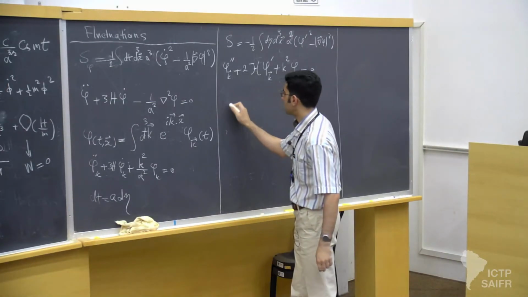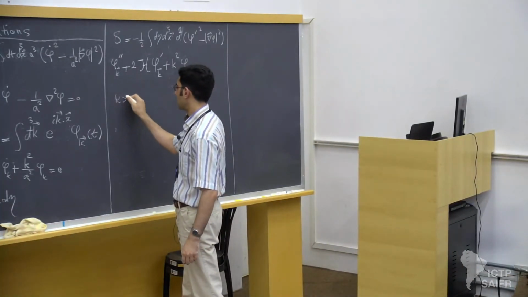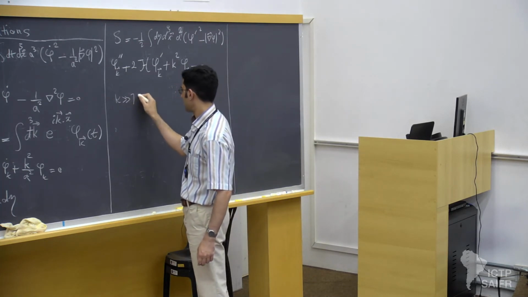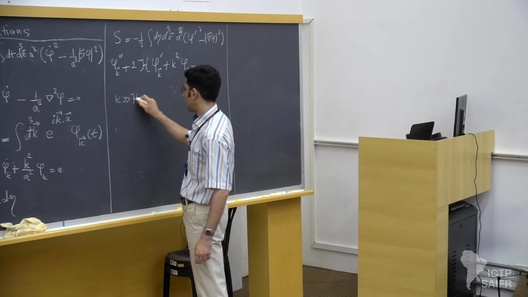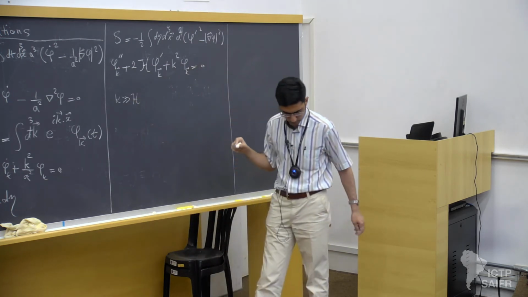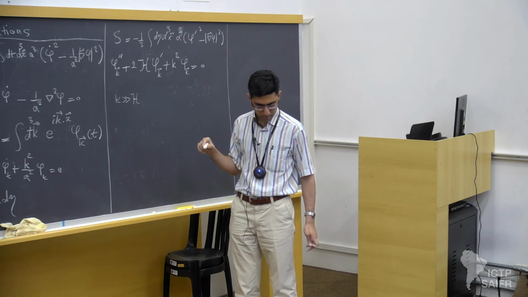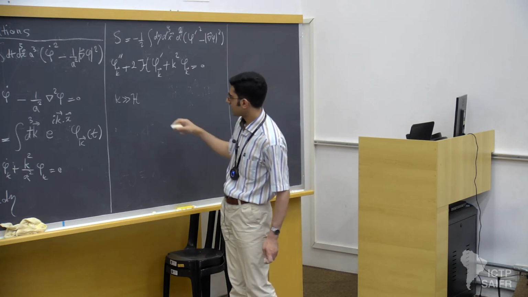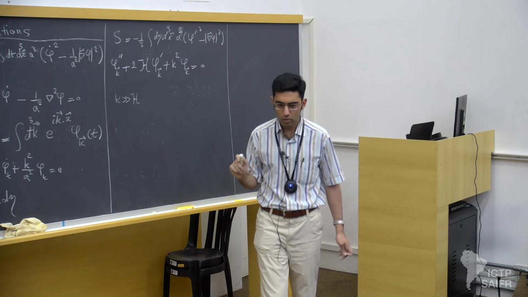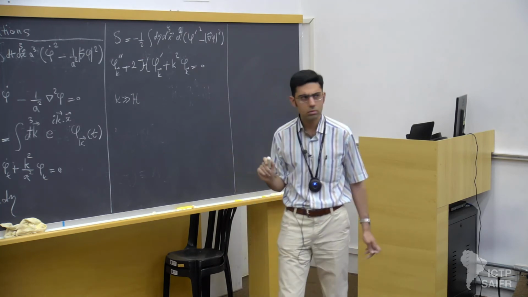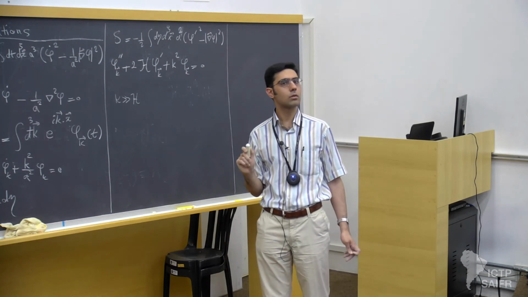One regime is when k is much larger than this. What is it called? I guess this curly H is called the conformal Hubble, but I'm not 100% sure. Does anyone know?